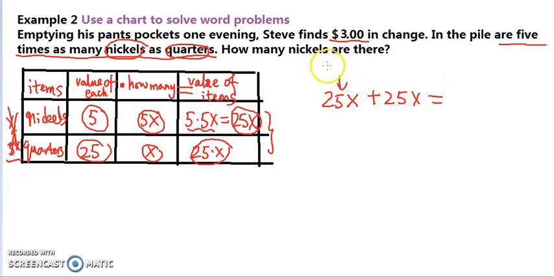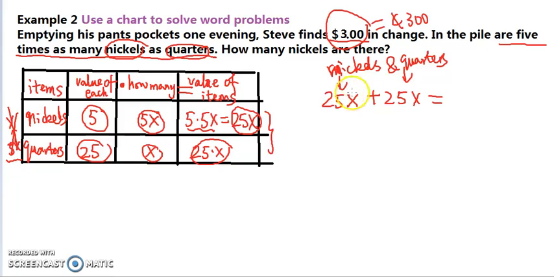That's the total value of nickels and quarters, and it will be equal to $3. Again, we convert $3 to 300 cents, because each one here represents cents. So we're going to put 300 cents on the right side. Now we've got this equation.